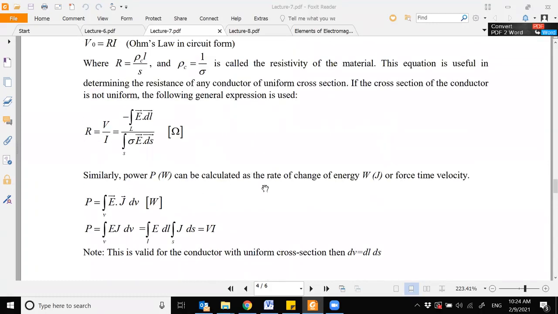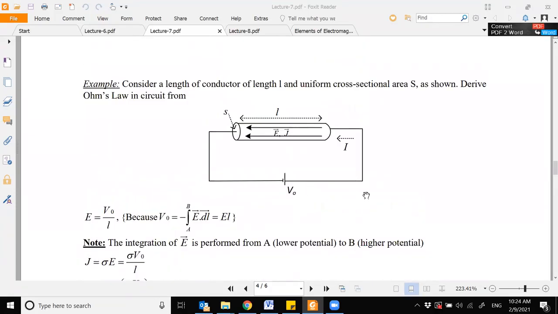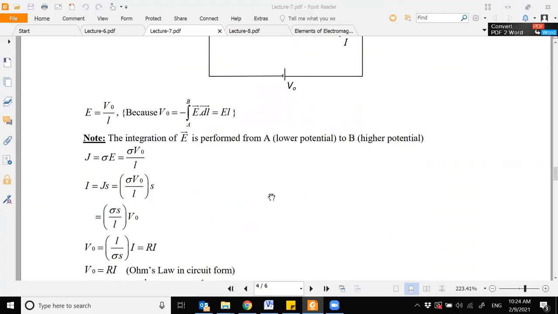So this is how we derive the same Ohm's law, which we have been using for the last, I think, 2 or 3 semesters in various courses, and we studied that in electric circuits. But here we are now trying to go a little bit deeper to see what is actually the reason for getting this Ohm's law.